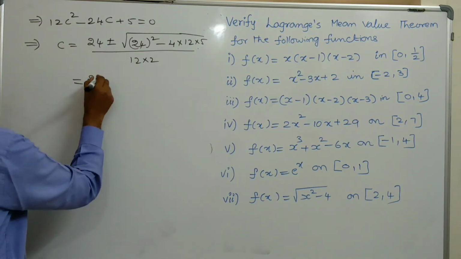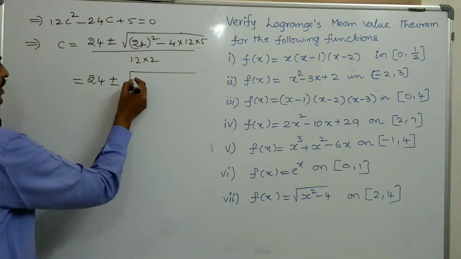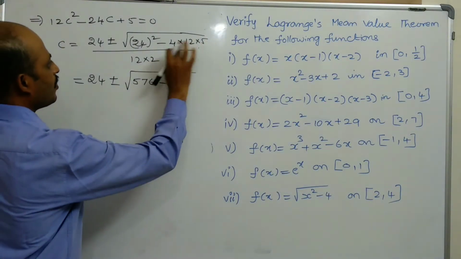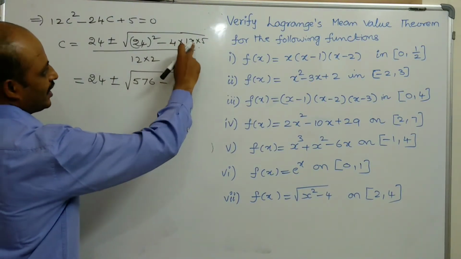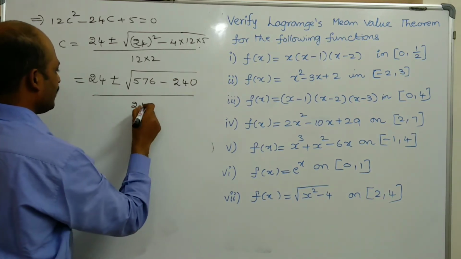So let us find the c values. Plus or minus square root of 24 square, 576, minus 5 4s are 20, 20 into 12, 240, divided by 24.